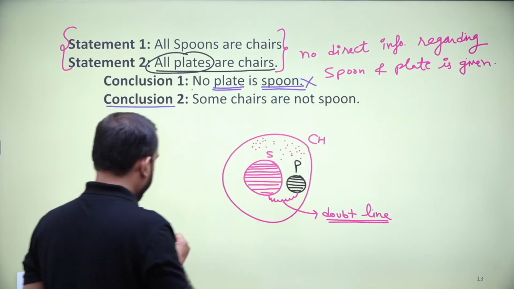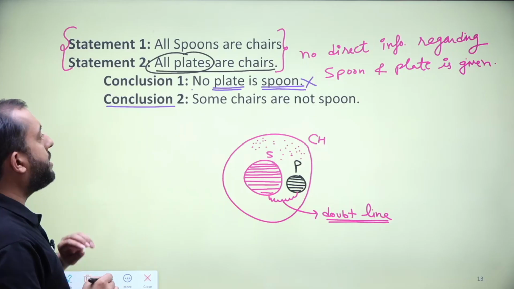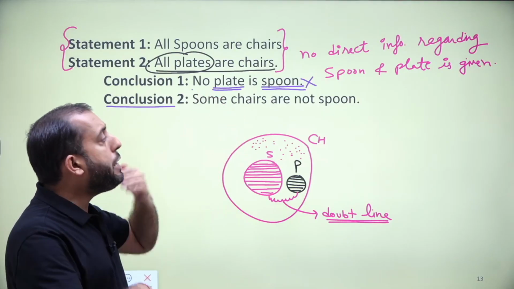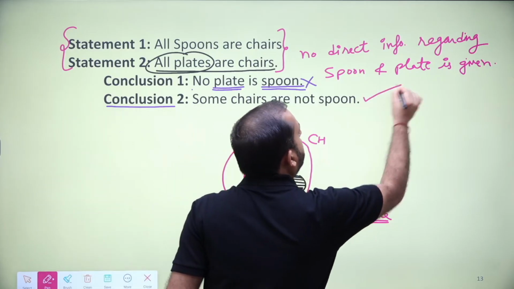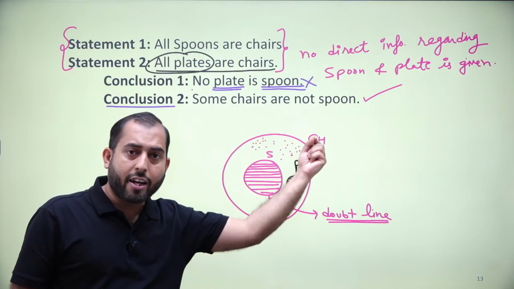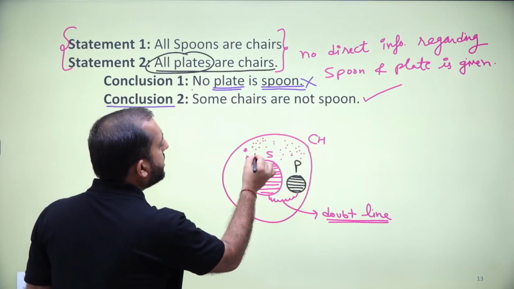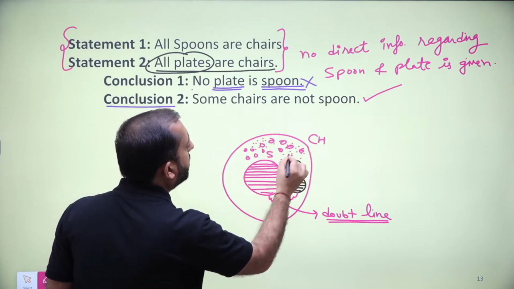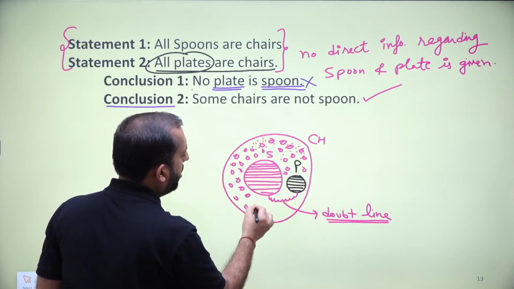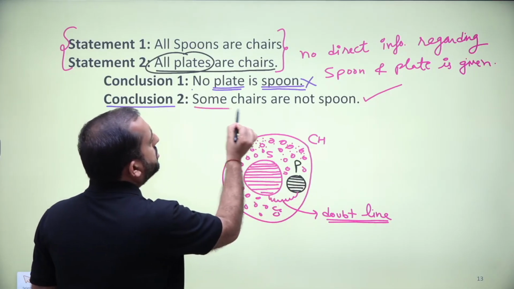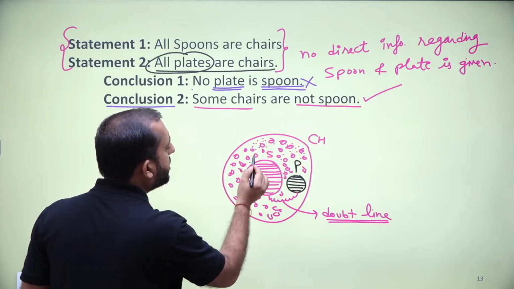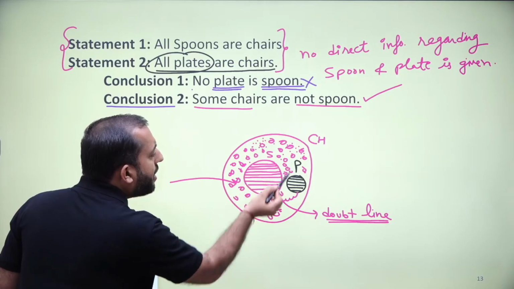Some chairs are not spoon. It might be possible that as soon as you see this conclusion, you will immediately say, sir, conclusion 2 should be valid, because in this diagram I can say these chairs that are outside spoon and plate can be called those chairs that are not spoon.